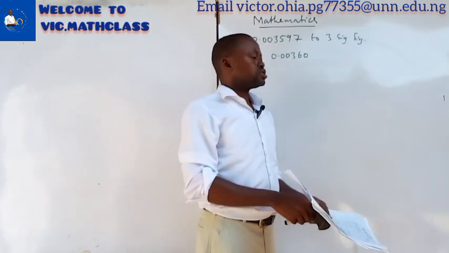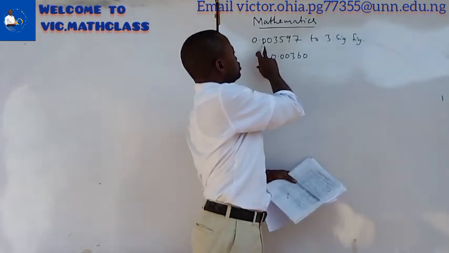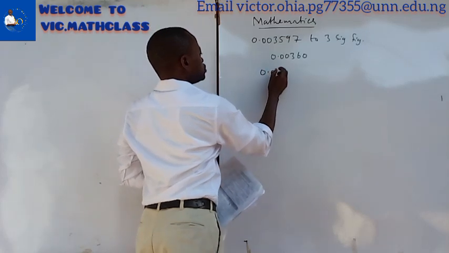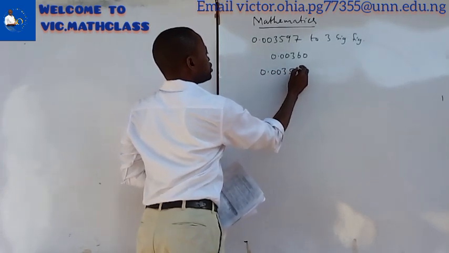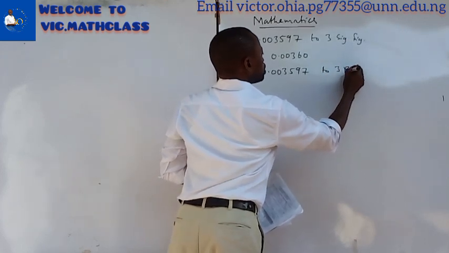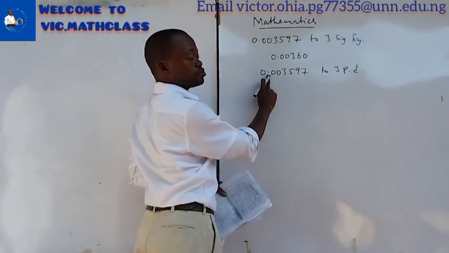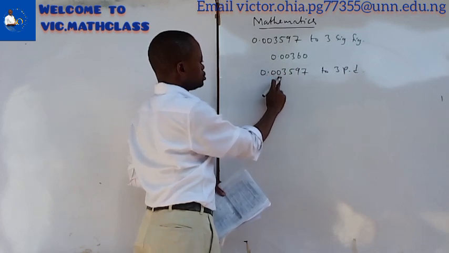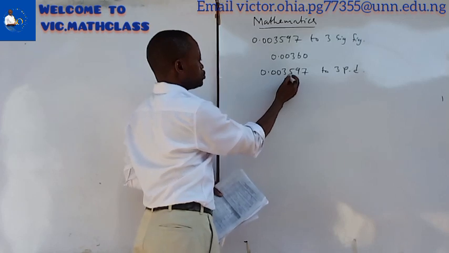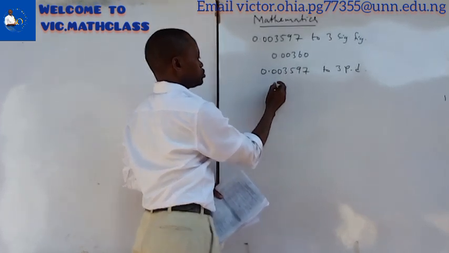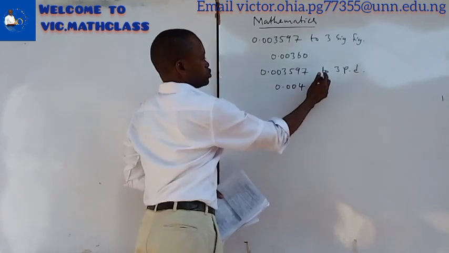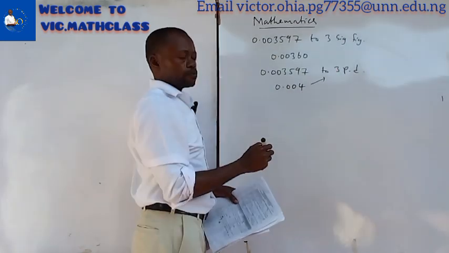So if I am to put 0.003597 to three places of decimal, I'll start counting from here: 1, 2, 3. Then this is 5 and above, so I'm going to call it 1 and add it here. So the result will be 0.004 to three places of decimal.